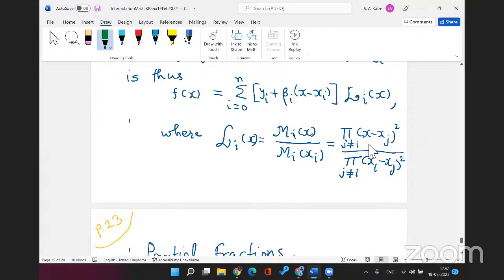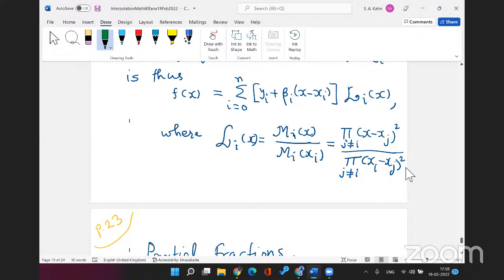We require j not equal to i here. When you divide all this by product (x minus x_j) square for all j, then what remains is (x minus x_i) square in the denominator. It is like dividing this thing by (x minus x_i) square. So you get y_i upon (x minus x_i) square and beta_i upon (x minus x_i).